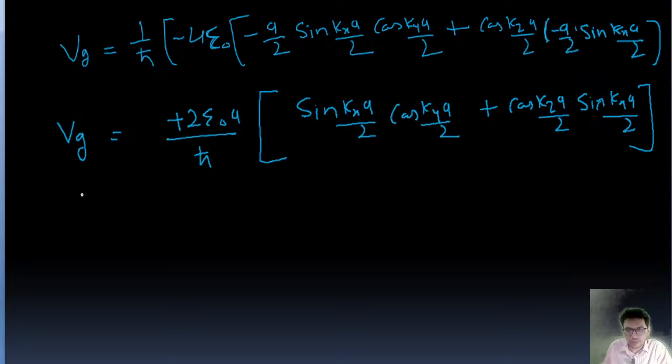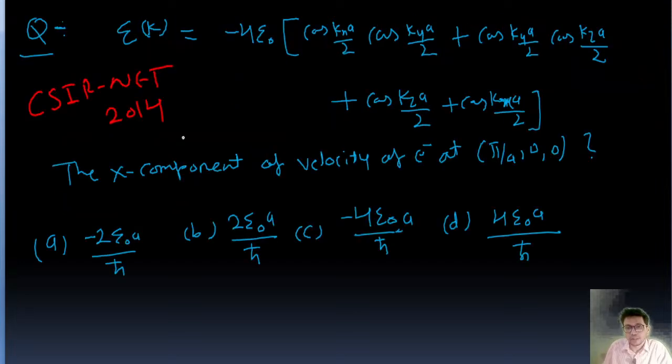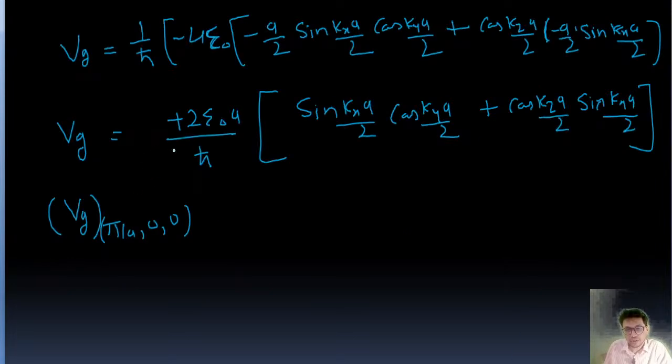So now we'll find Vg at pi by a, 0, 0, because we need to find this x component of velocity at this point. This is going to be 2 epsilon 0 a upon h cut, and here we put pi by a.